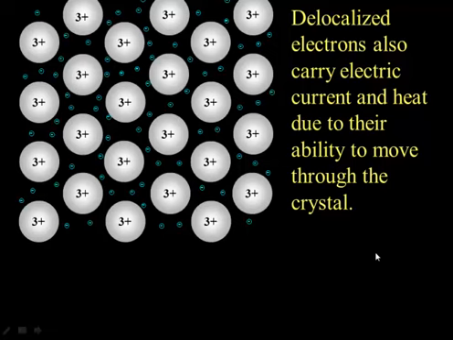Also, in this model, for those electrons free to move around, you have free-moving charged particles, so metals conduct electricity, no problem, as solids. It is the ability of the free valence electrons to move through the crystal lattice.